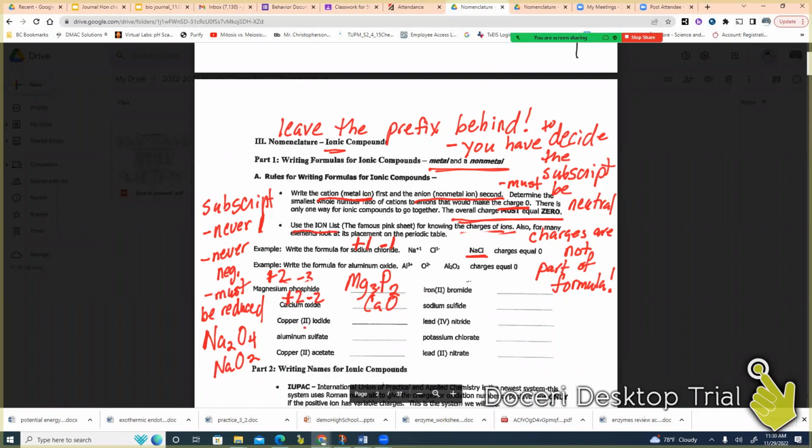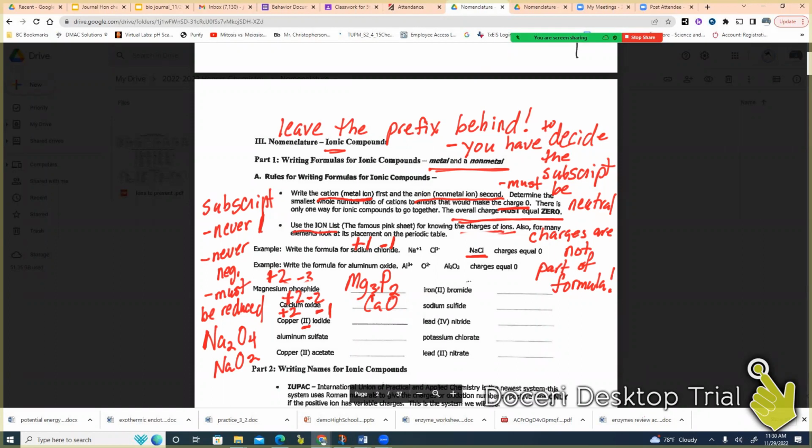Next one, copper. And notice it has that 2 in parentheses. Copper is more than one charge. So that right there tells me that it is a +2 in this compound. Like a little shortcut. Iodide is a halogen, so it's a -1.